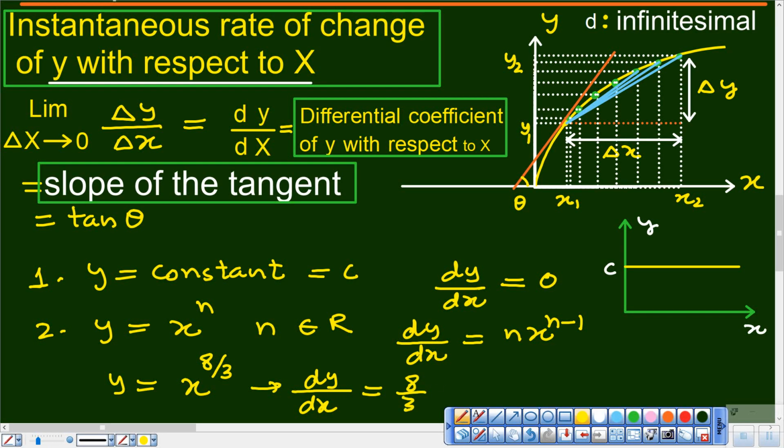The power comes and multiplies in front of it, right? And x raised to the power 8 by 3 minus 1 becomes the power, which is nothing but 8 by 3 x raised to the power 5 by 3. This is how it is.